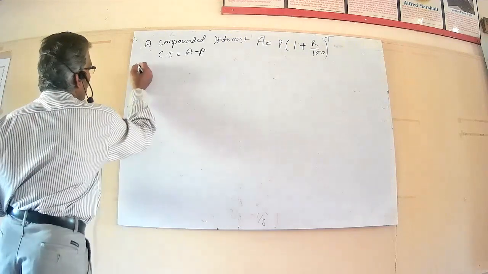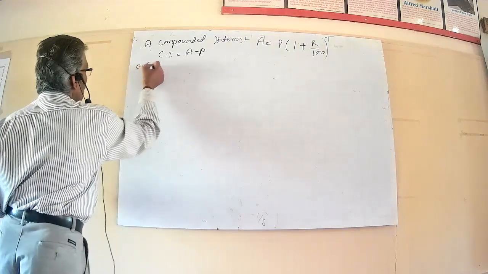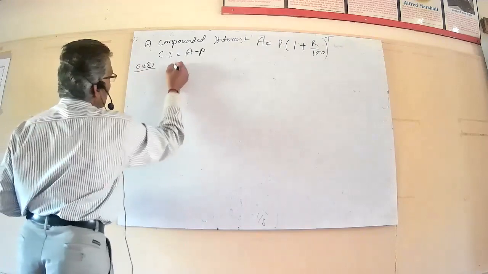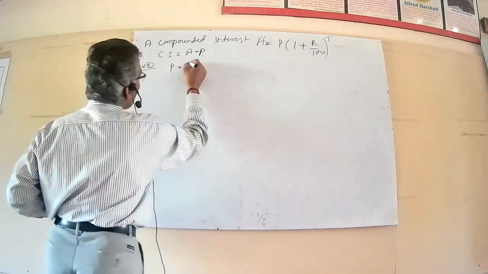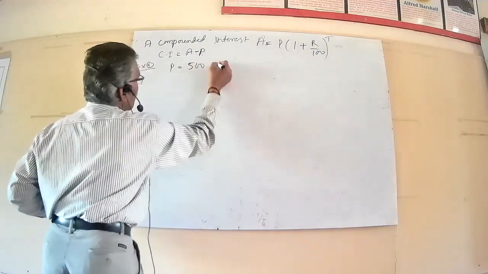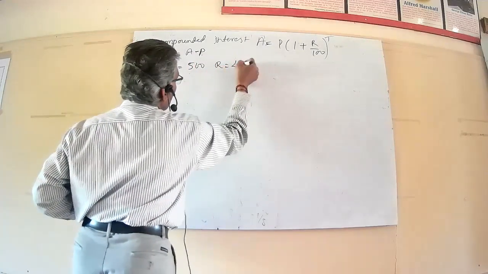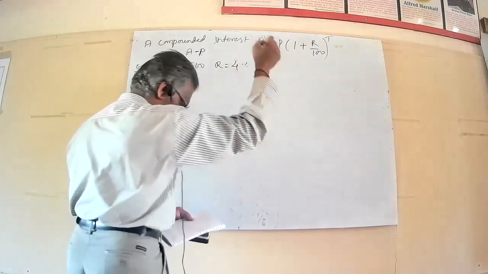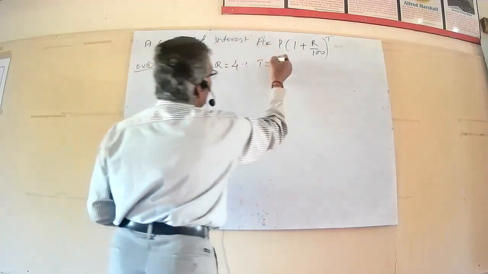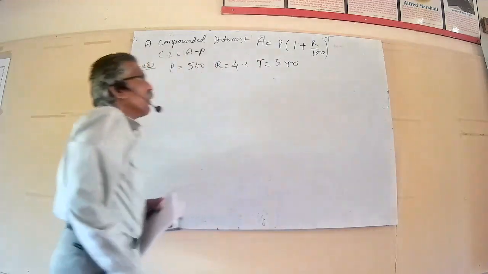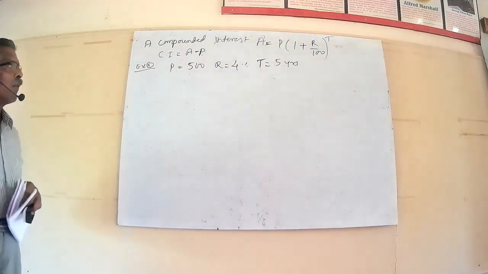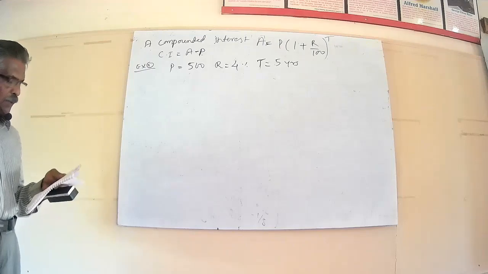So example number 1. In example number 1, principal amount is P equal to 500. Rate of interest is 4% and T equal to 5 years. Now find the compound interest.